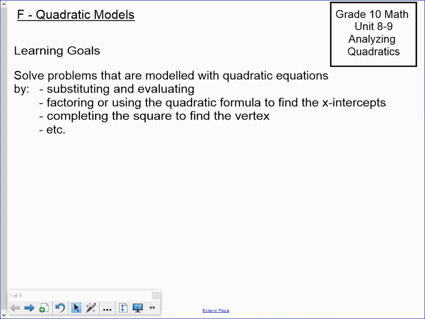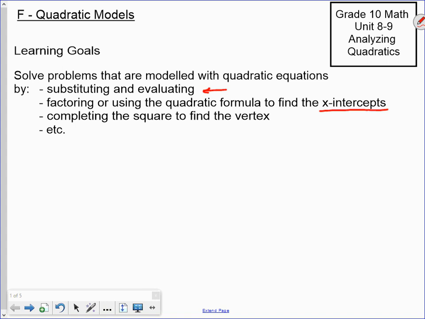Okay, and they're going to come down to about 3 different things that we have to do in order to solve these problems. Some of these problems we're going to just have to substitute and evaluate. Sort of strategy number 1. Strategy number 2 is the answer that we're looking for in this question is represented by the x-intercept or x-intercepts of the parabola.